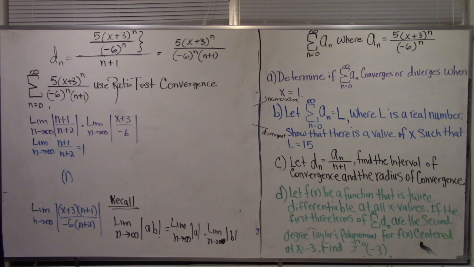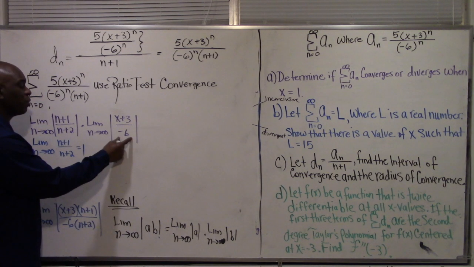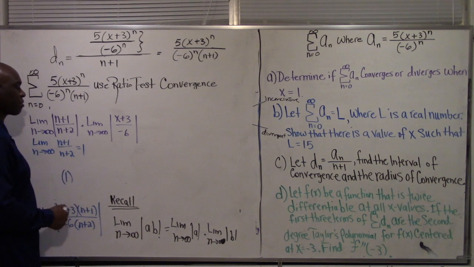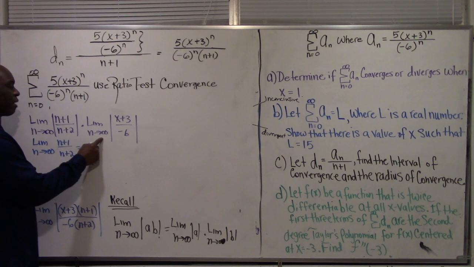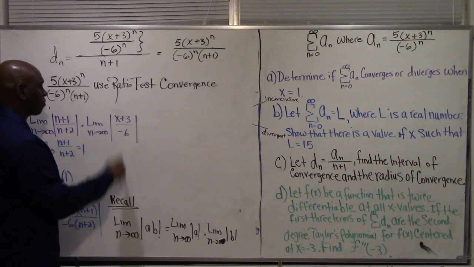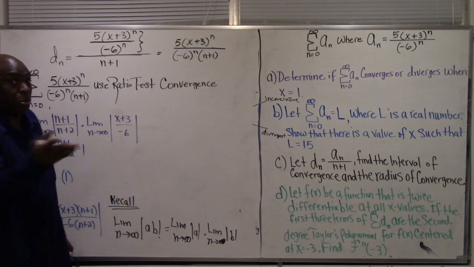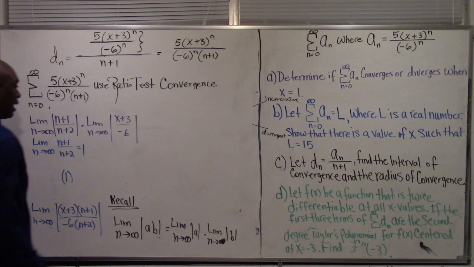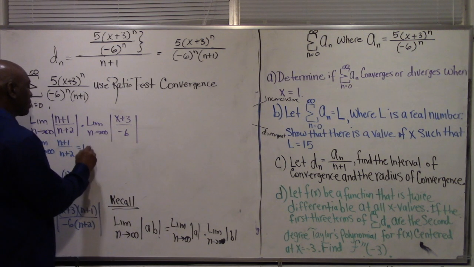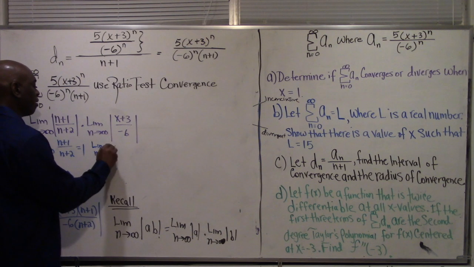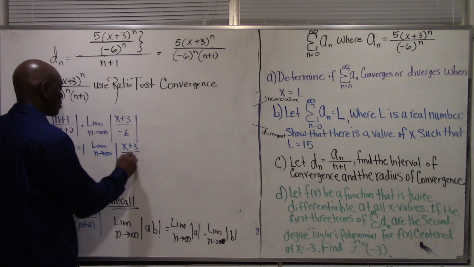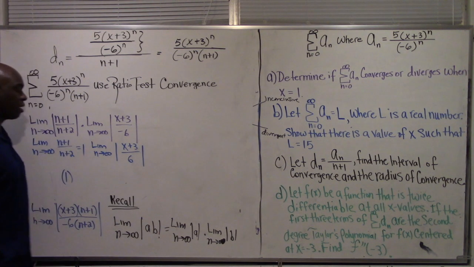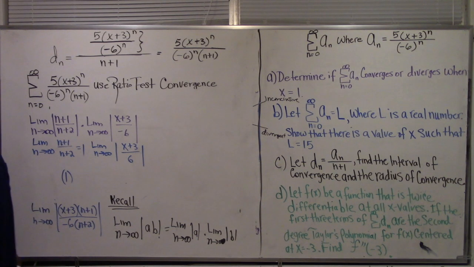We know the absolute value of negative 6 is positive 6. And as n goes to infinity, what's going on with our x value? I don't know. I do know this though: I can write this as the limit as n goes to infinity of the absolute value of (x+3) over 6. Why?